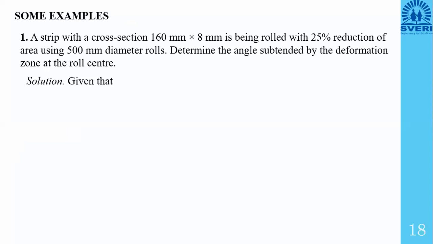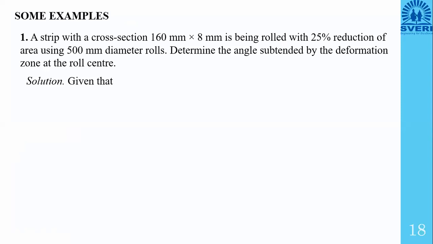So one strip is given, a metallic strip, which has a cross section of 160 mm length and 8 mm width, and through its thickness it is reduced by 25%.